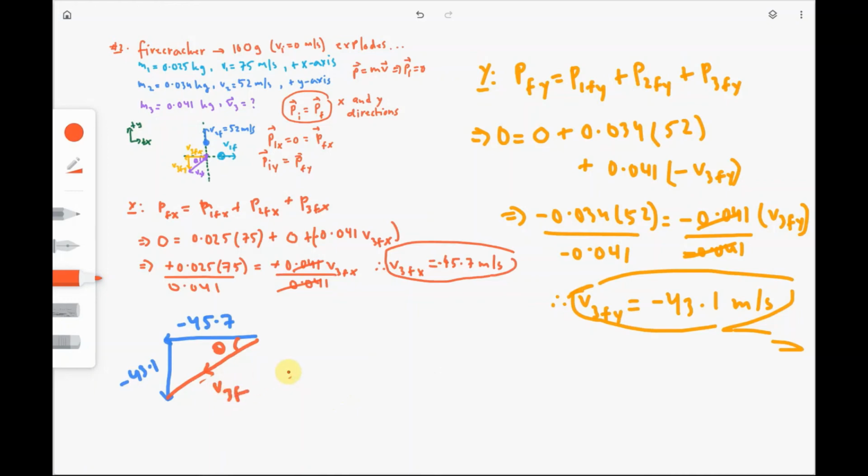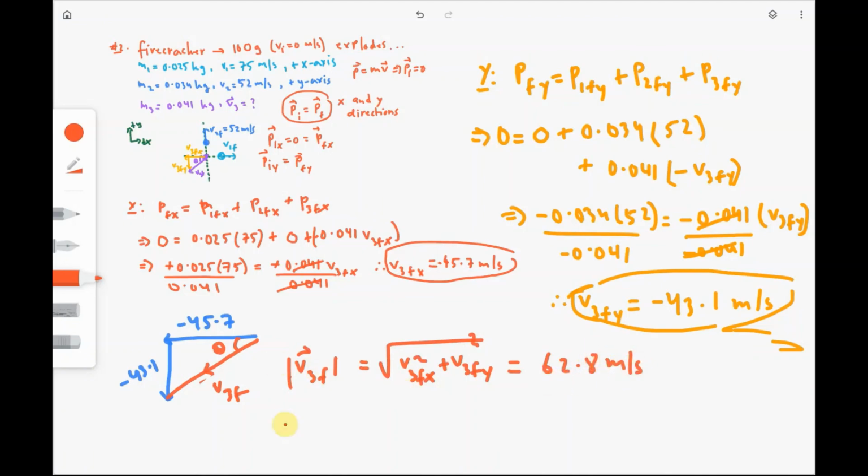You can find the magnitude of V3 final, the total speed of the third part of the firecracker after explosion, by using Pythagoras theorem as before. V3 final x squared plus V3 final y squared. You take the whole square root of that and end up with a speed of 62.8 meters per second.